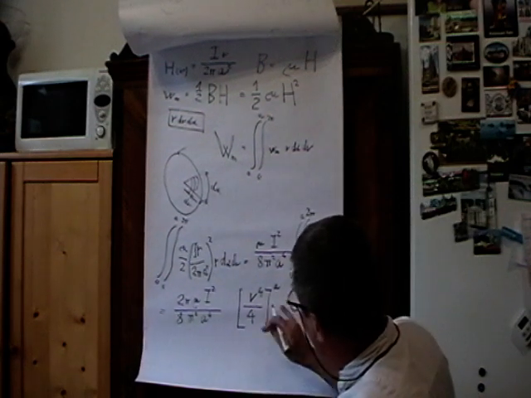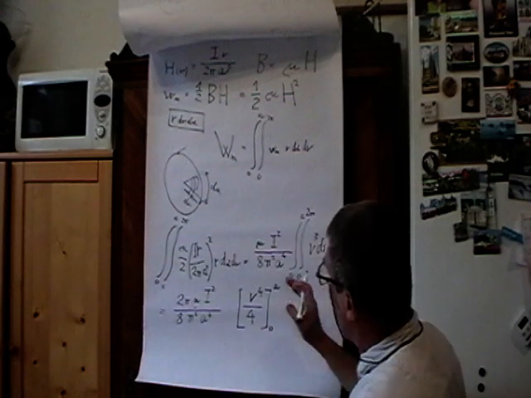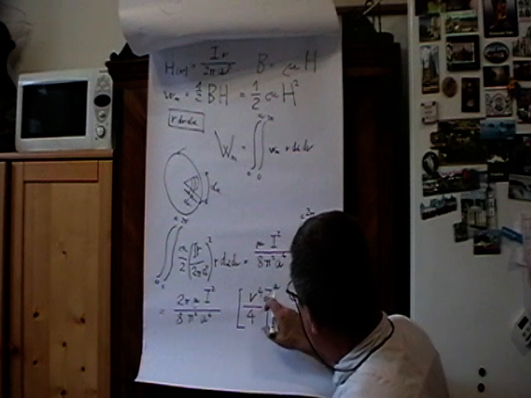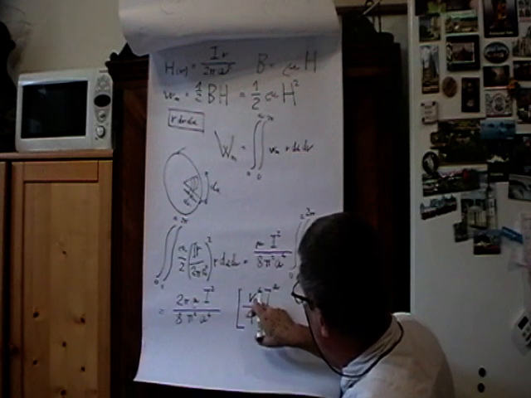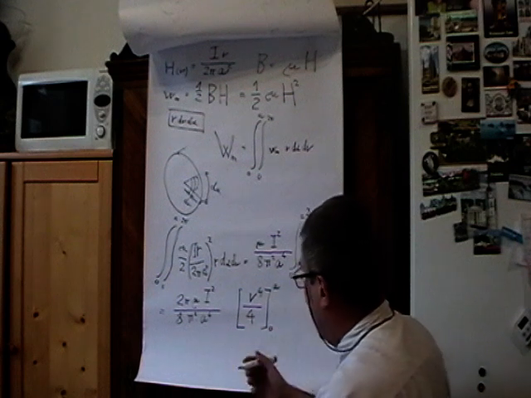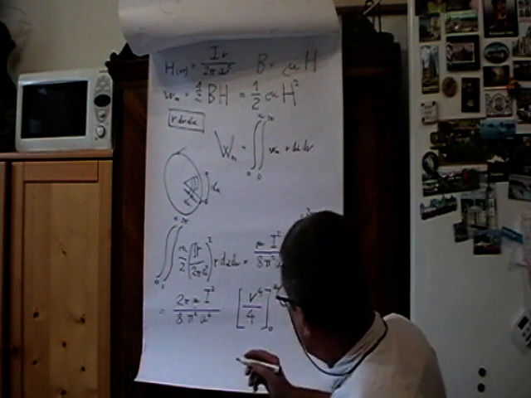For the lower bound we get 0, so the whole result is obtained by substituting a for r into this expression. So let's make it and cancel some terms.